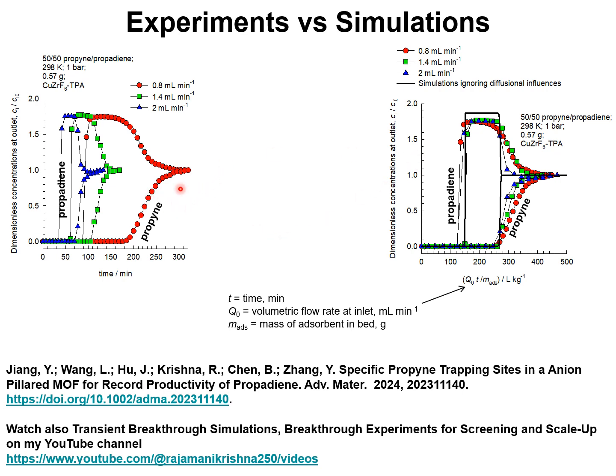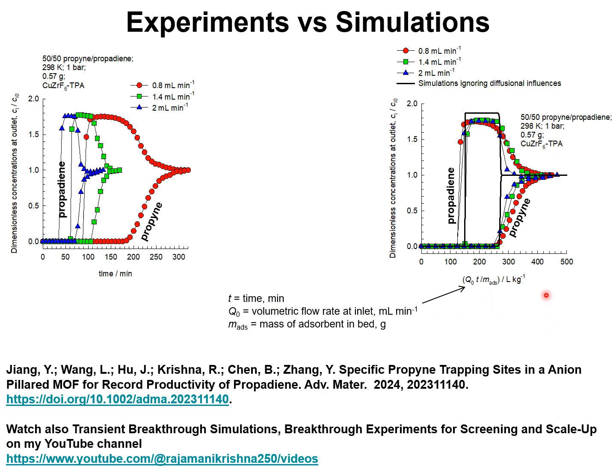In order to test the consistency of the data, I plot the dimensionless concentration at the exit versus a modified time parameter, Q0 times t divided by mass of adsorbent, where Q0 is the flow rate of the gas mixture at the inlet, expressed in units of milliliters per minute. M_ads is the mass of adsorbent in the bed in grams, and t is the time in minutes.